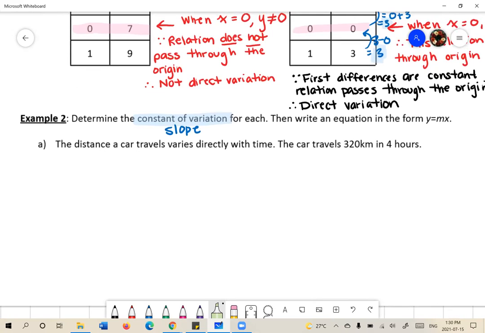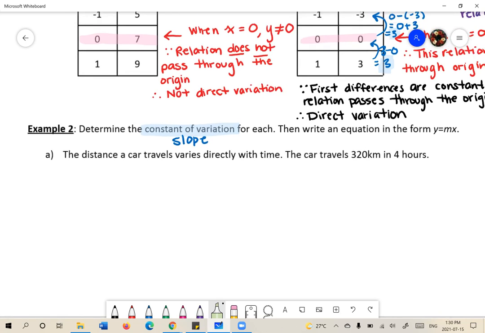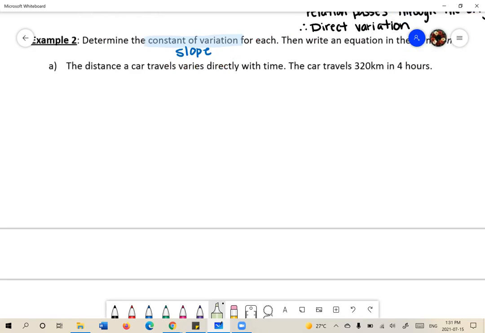So in example 2, first it's asking us to find the slope. Determine the constant of variation. Then it's asking us to write it in equation form, in the form y is equal to mx. A. The distance a car travels varies directly with time.